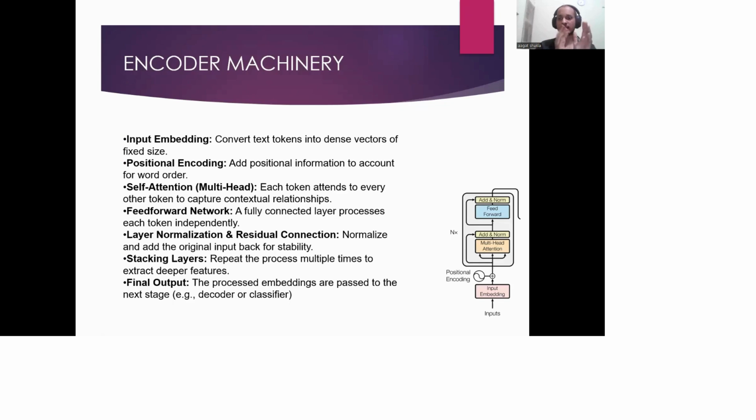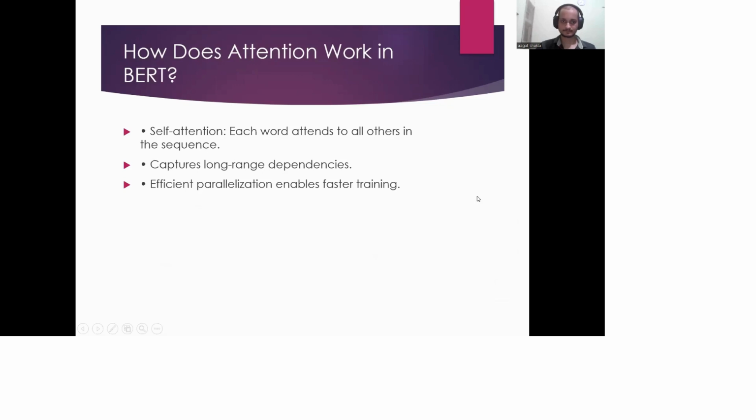Multi-head would break it down into eight parts, so 768 by 8 would be different stacks that would be distributed. They would be computed in parallel at the same time, and passed into the feed forward neural network that is present here.